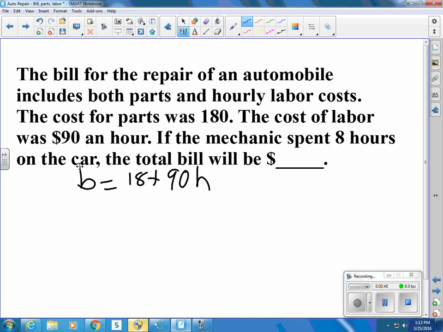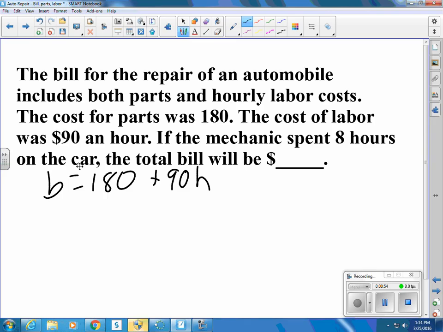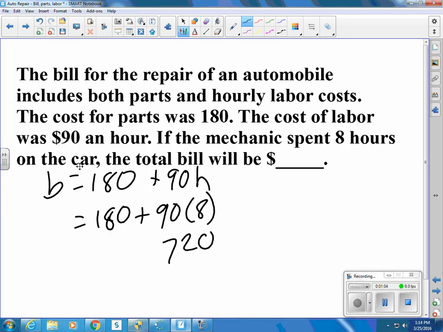So we know that it's 180 plus 90 for 8 hours, so that'd be 720. So that would be 900. So that's just evaluating.